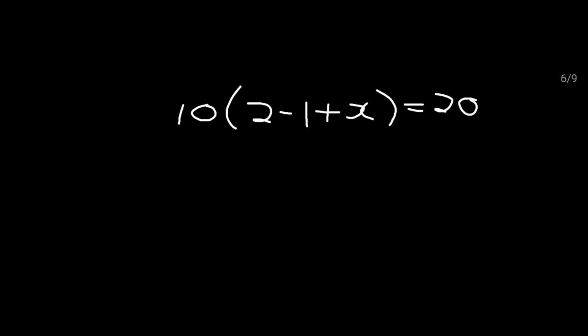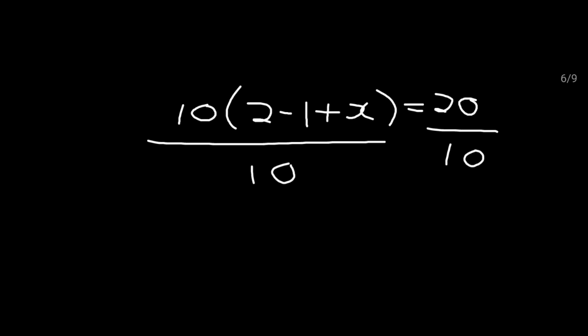This one is the same thing: 10 into 2 minus 1 plus x equal to 20. Get ready to do it in 2 ways, the distributive and the coefficient. Remember, a coefficient is any number that multiplies a variable, so this 10 multiplying the variable is a coefficient. So this means you can divide both sides by 10 to remove that 10.